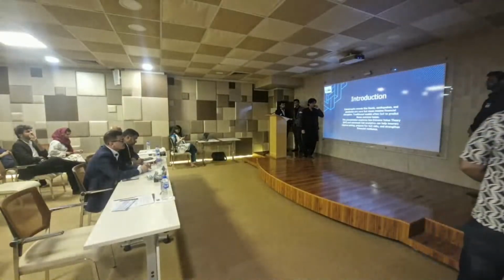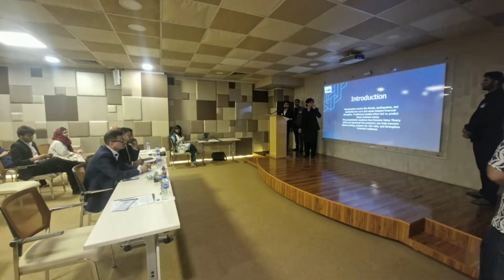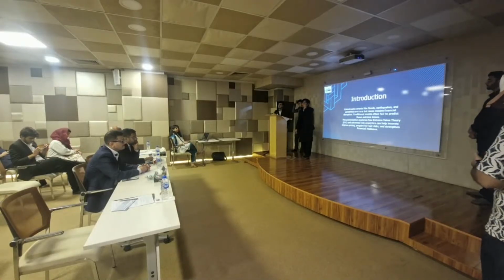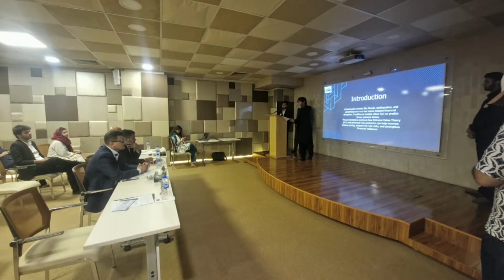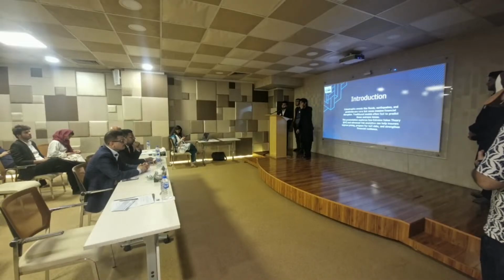Introduction. Starting with the introduction, catastrophic events like floods, earthquakes, and pandemics. These are events that occur rarely, right? But when they do, their effect is really severe, and of course, for insurance especially, it is really severe.